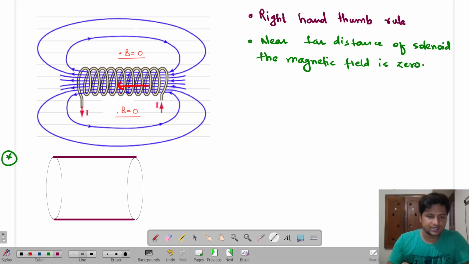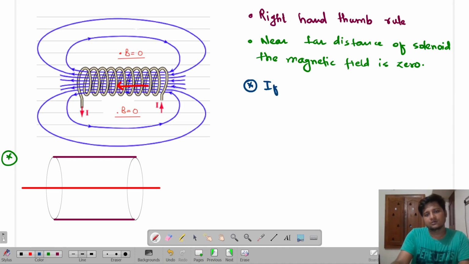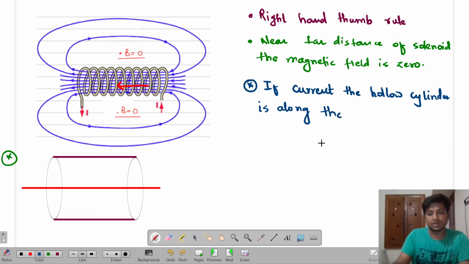Now, if there is an axis over here, let's suppose this is my axis, then here also, if the current in the hollow cylinder is along the curved surface, right or not? Let me draw it.